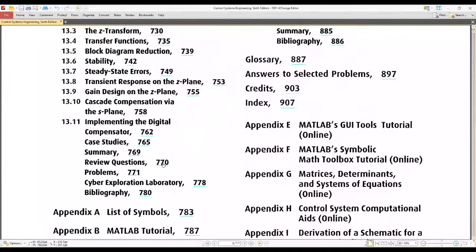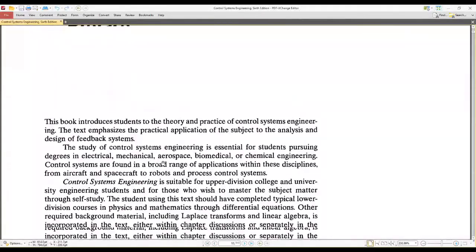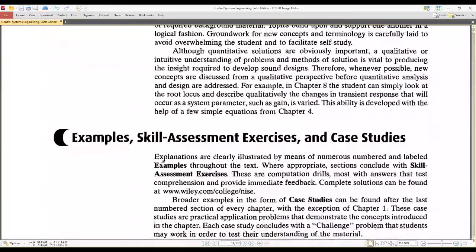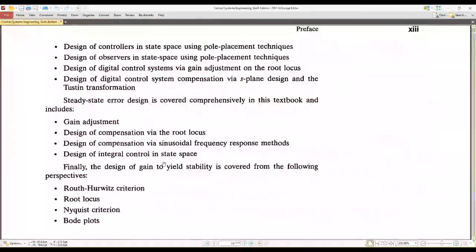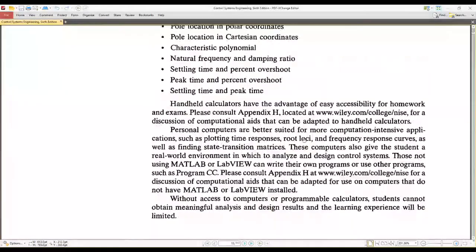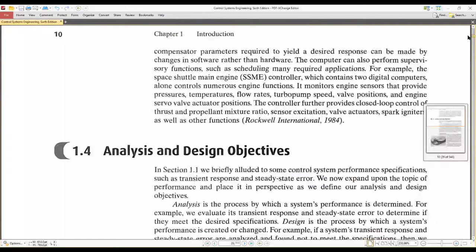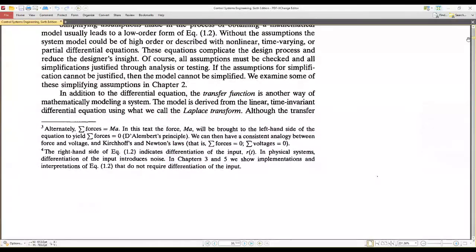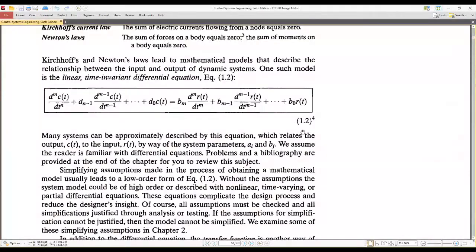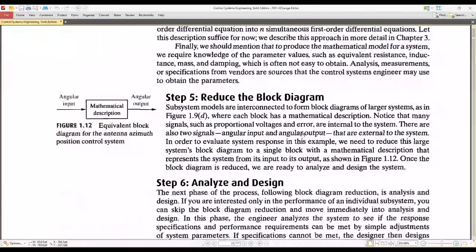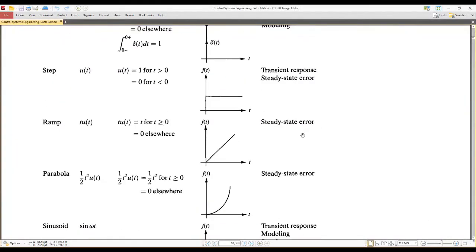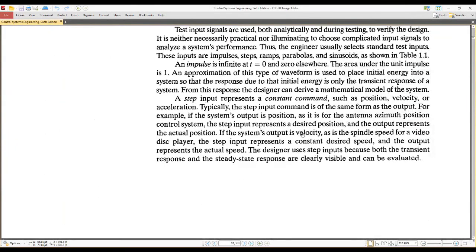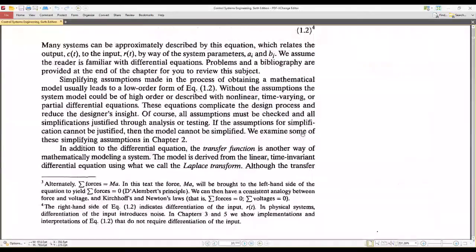Let's go to chapter 2 here. It's still chapter 1. Oh, see one thing.